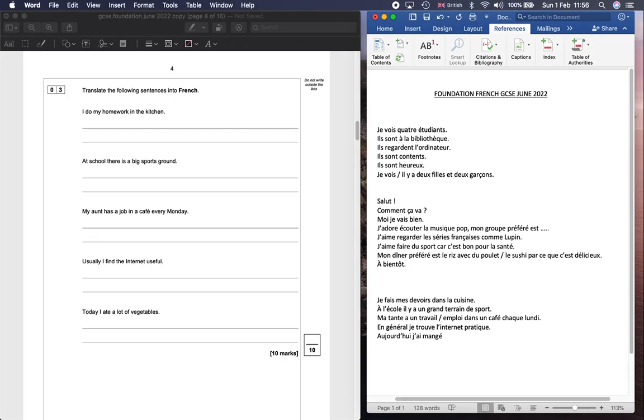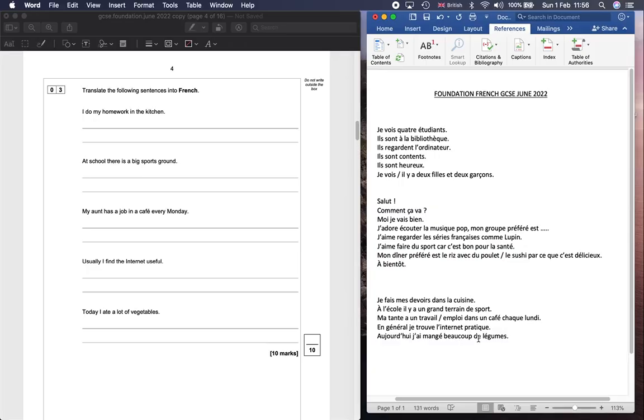A lot of, beaucoup de. Vegetables, légumes. Let's put the accent. So, aujourd'hui, j'ai mangé beaucoup de légumes.